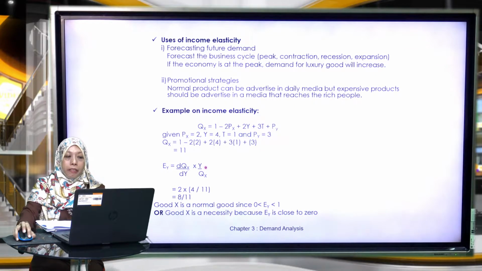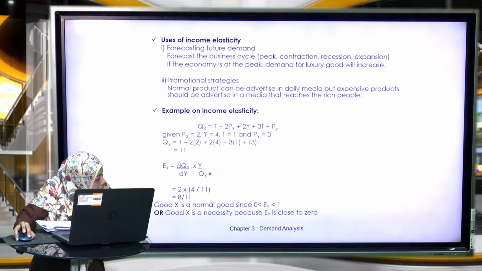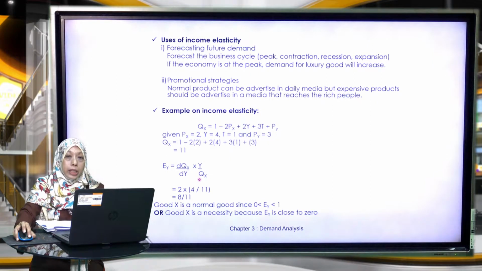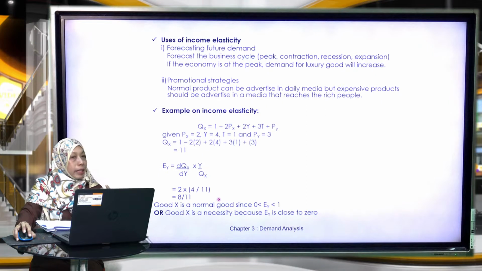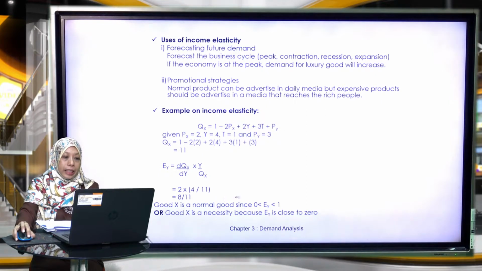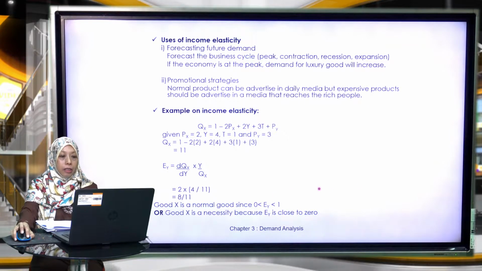Then you need to multiply by the value of Y, which is given as 4, and divide it by the value of Qx, which earlier you determined to be equal to 11. If you simplify this, you're going to get a value of 8 over 11, which is a positive value. This means that good X is a normal good, but this normal good can be further categorized into a necessity product because the coefficient is between 0 and 1. So that's how you calculate income elasticity of demand.